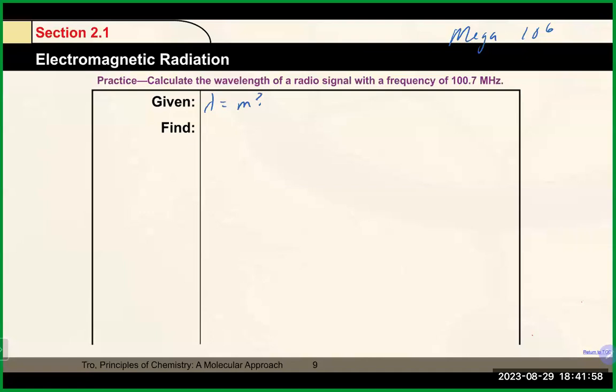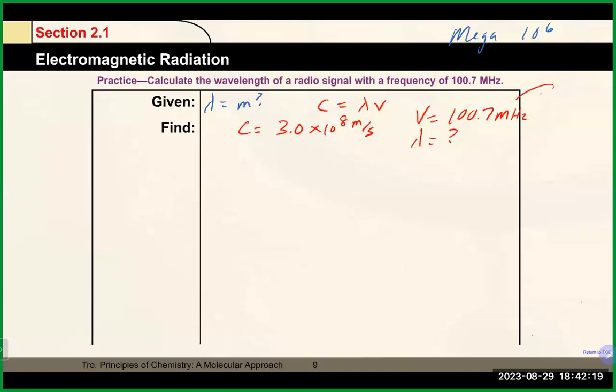Okay, so looking at this one, once again, we're going to use our equation here. Our c is equal to our wavelength times our frequency. In this case, we have a frequency of 100.7 megahertz. We are again looking for the wavelength. And once again, we do have c, which is this.